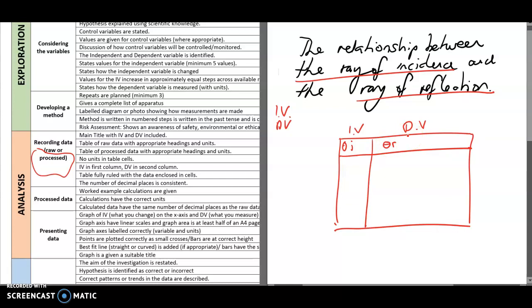Let's say, for example, we started and we did angle of incidence 10, 20, 30, 40, 50. And our results for the angle of reflection are 11, 20, 20.